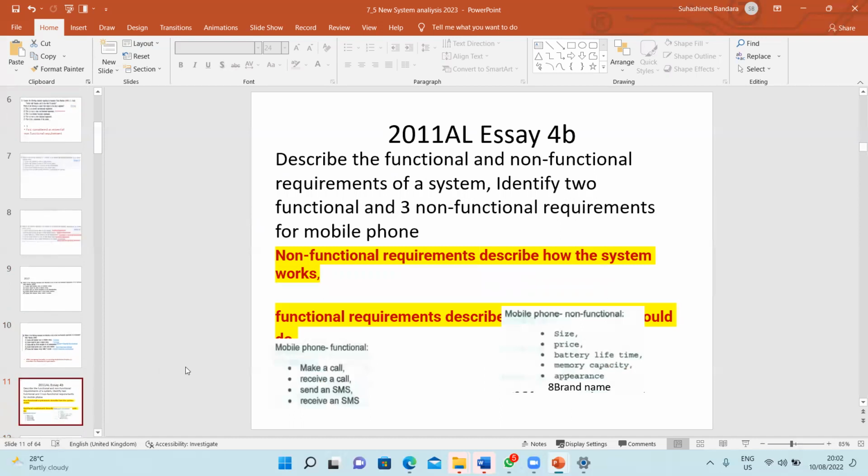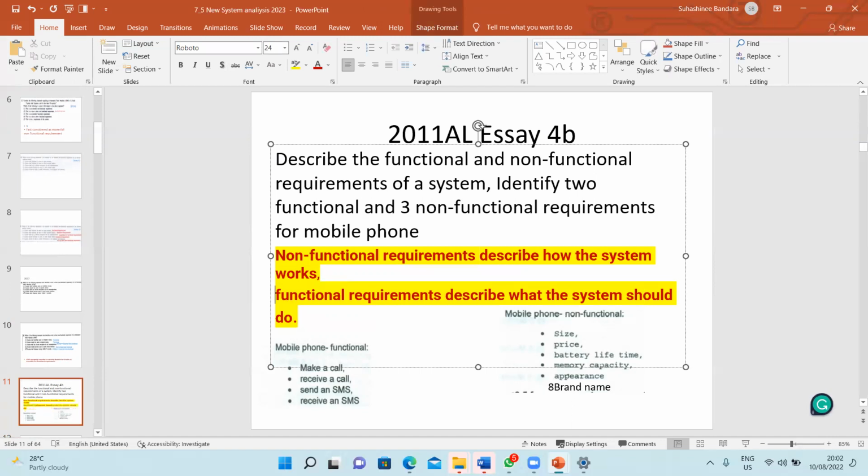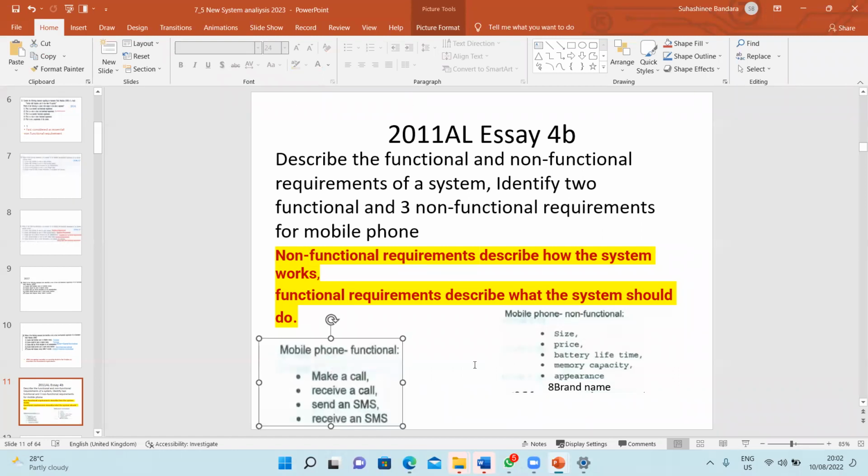Then when we consider about the mobile phone: make calls, functional requirement; receive calls, send SMS, receive SMS, functional requirement. They didn't mention about the smartphone, okay? They mention only the mobile phone.